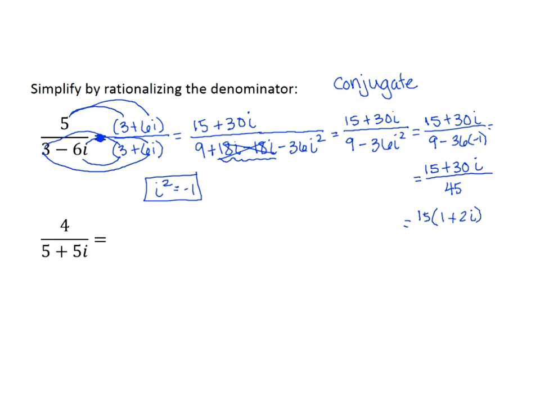I factored out a 15 out of that top. It's kind of like undistributing, the opposite of distributing, I'm taking it back out. And on the bottom, I could rewrite my 45 as 15 times 3, and then these would cancel. So my final answer would be 1 plus 2i over 3.